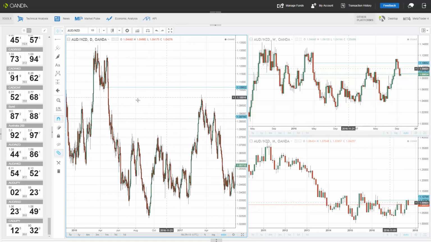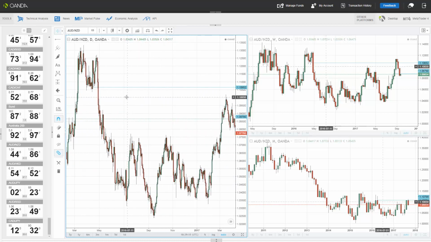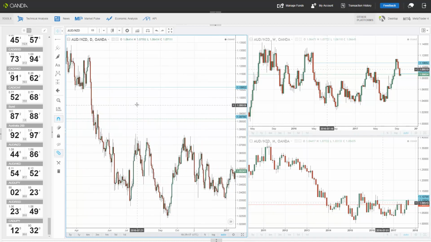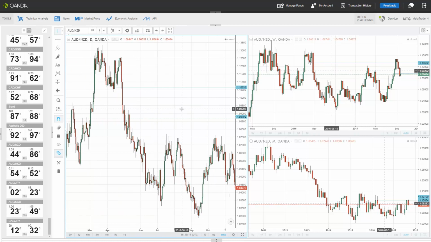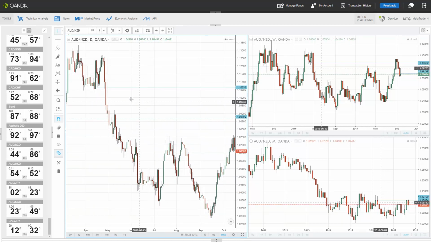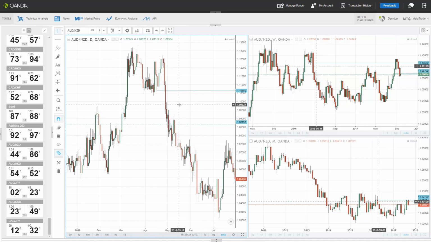If we go back to the daily, we can see that we don't actually have a clear supply over there, but we have kind of a multiple touch level.